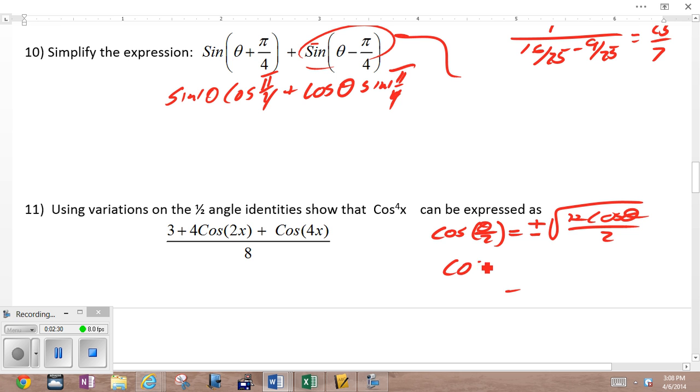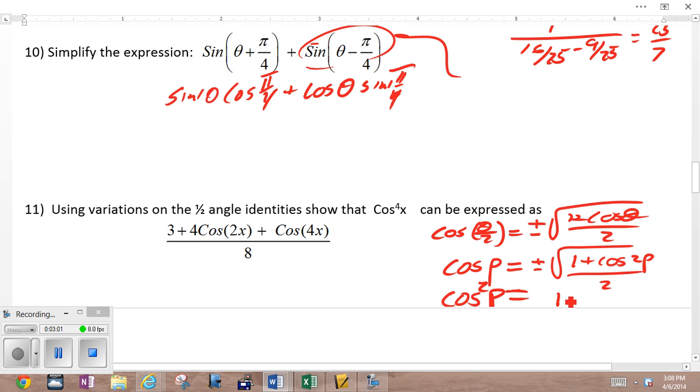So I'm just going to put it as cosine p is equal to plus or minus the root of 1 plus the cosine of 2p over 2. Now if I square both sides, I get an expression for the cosine squared of p. Cosine squared of p is, of course, when this is squared, we don't have to worry about the plus or minus. We just get 1 plus the cosine of 2p over 2.